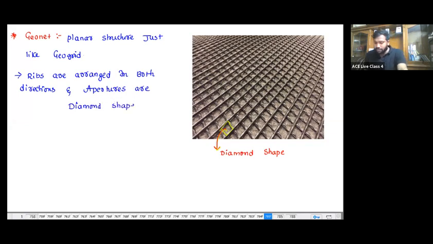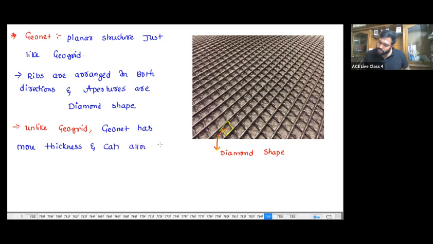Sir, what is the function of this GeoNet, sir? The main function of the GeoNet is, see here, unlike GeoGrid, GeoNet has more thickness and can allow in-plane drainage.